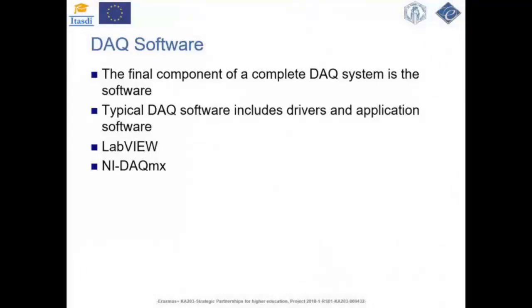We arrive at the final component of a complete data acquisition system, which is the software. The data acquisition software is located on a computer, as I mentioned before, which receives the raw data through the DAQ device, and the application that you write presents and manipulates the raw data in a form that you can understand.